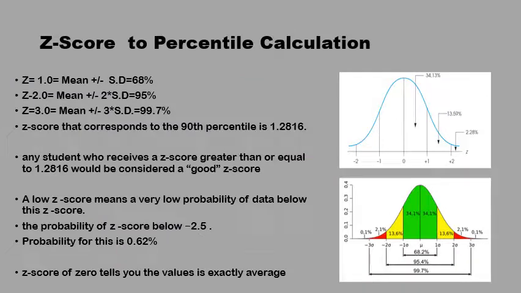And of course, you can change the z-score to percentile calculations also fairly easily. We know that the mark of one z-score above the mean would mean the mark of 68%. Two z-scores above the mean would be the mark of 95%.